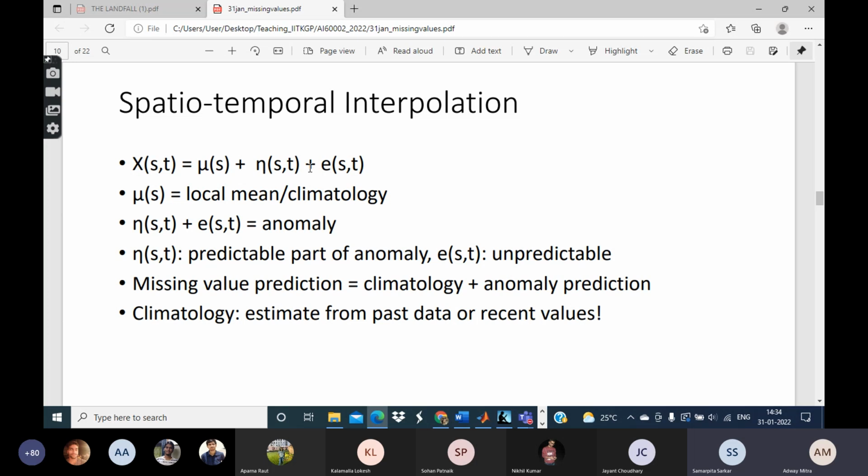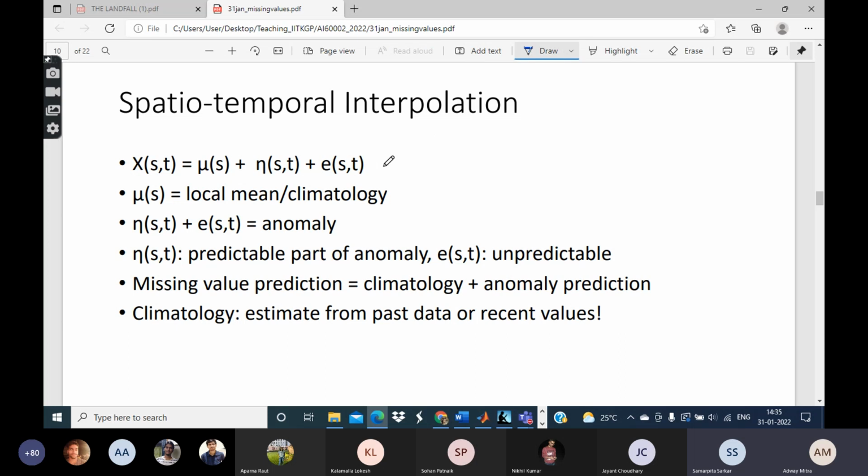This is related to the geostatistical equation which you studied last week. Eta(s,t) is the global effect and epsilon(s,t) is the random effect. Epsilon(s,t) is specific to that location and that time, and it is treated as some kind of random noise, right? That is how we define the geostatistical equation.